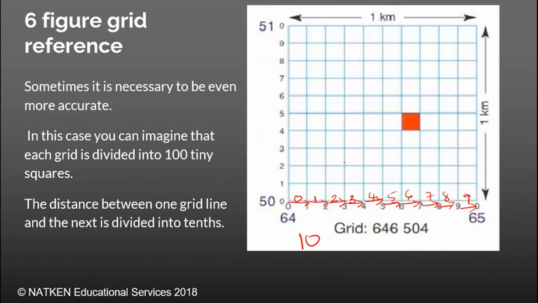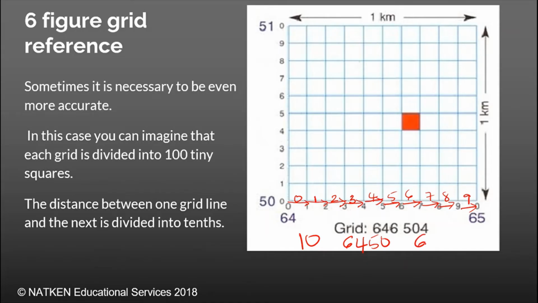So far, we had our 4-figure grid reference, which is 64, and then we had 50. The difference this time in finding the 6-figure grid reference is that we would leave a space for each easting and for the northing as well.